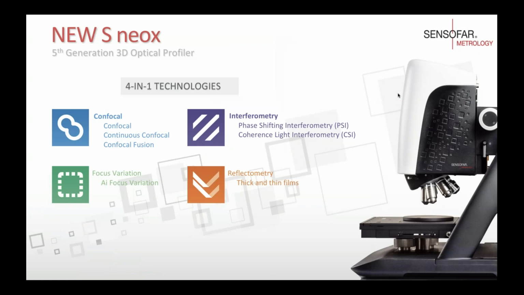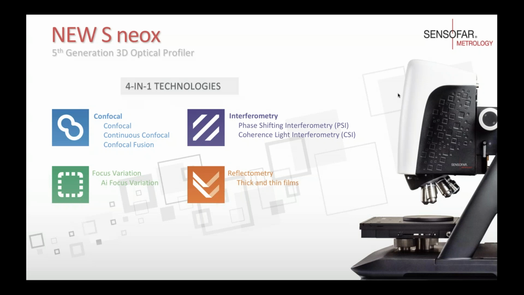So what's inside the scan head? Sensifar has some unique proprietary technology where we are the only company in the world that integrates confocal, an interferometer, and focus variation all into one scan head. And we do have a reflectometer that we can add or not add, depending on how you'd like to have the system set up.